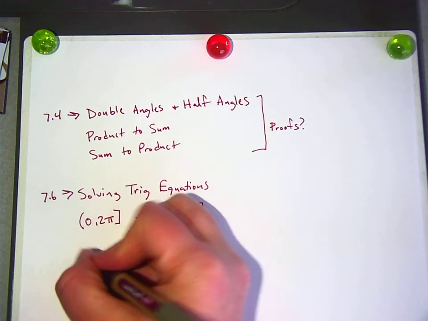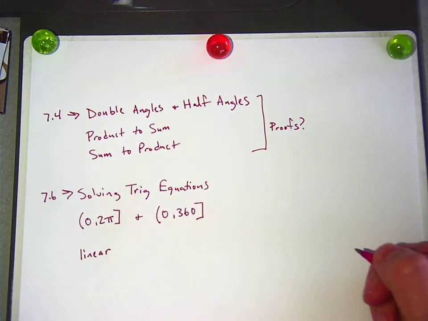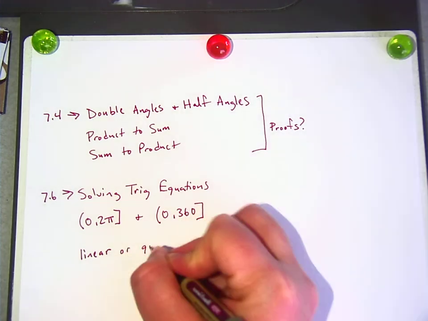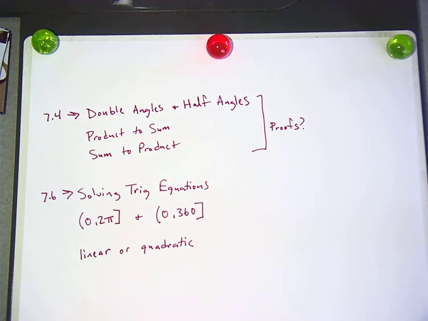They might be linear. Do you know what that means? Straight line, there's no x squared involved. Or they could be quadratic, which means there is an x squared involved. For that, you can use your quad program. That's it. That's all we've done the last 4 days.